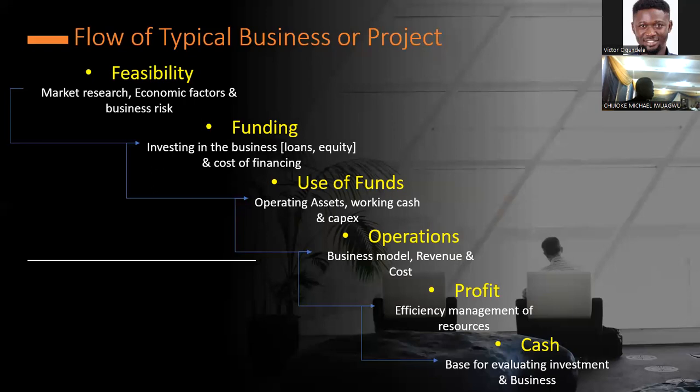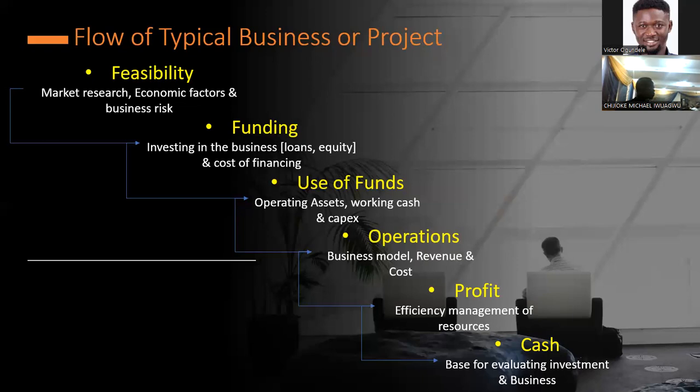Now, this is a typical flow of a corporate establishment, most business establishments, for a typical business or project. But when it comes to project finance, it's a little dynamic. In this type of business structure, if anything happens, you can always hold the owners responsible.